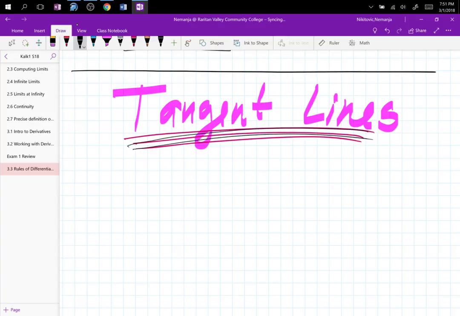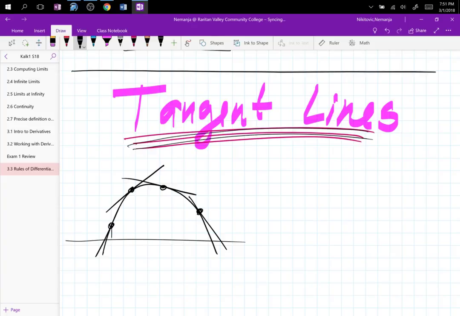But if you have, let's say, a function like negative x squared, we have all of these different tangent lines that we can draw. All of these tangent lines happen at certain x values, and as you can see, they have different slopes because a different value brings out a different derivative, which is the slope.